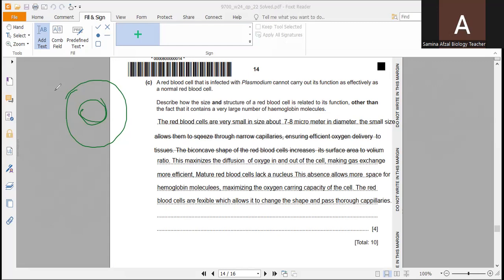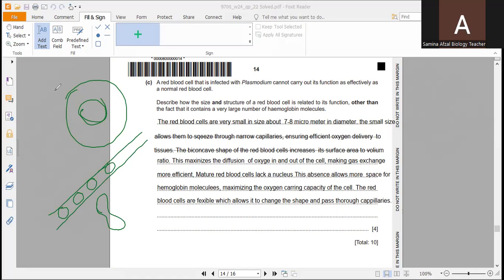The small size allows them to squeeze through narrow capillaries, ensuring efficient oxygen delivery. You can see that red blood cells can easily pass through blood capillaries. They can also take a dumbbell shape, so when there is a blockage they can pass very easily by changing their shape. They are very flexible.